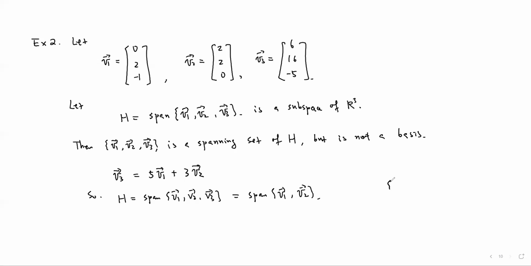Therefore, V1, V2 is also a spanning set of H. Now, V1, V2, let me see whether we can drop one vector. This time, I don't think so.